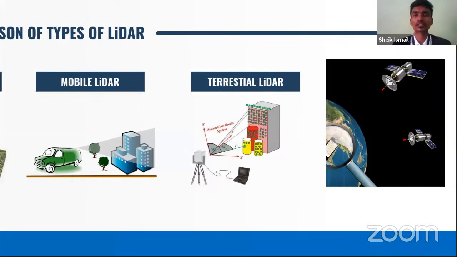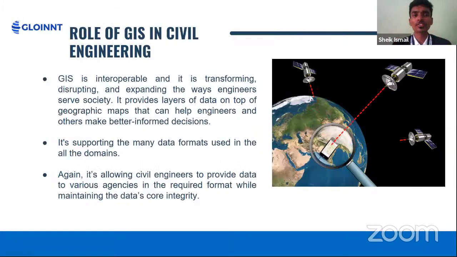We move to the next slide, the role of GIS in civil engineering. GIS is interoperable and it's transforming, disrupting, and expanding the ways engineers serve our society. It provides layers of data on top of geographical maps that can help engineers make better informed decisions.